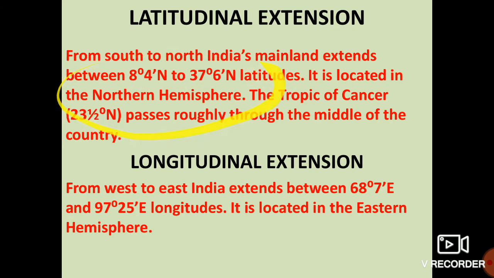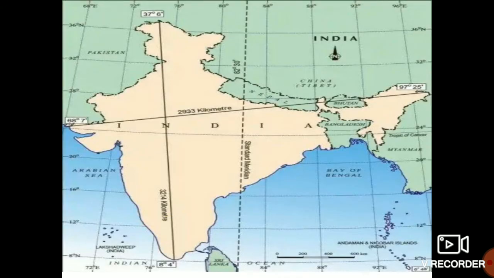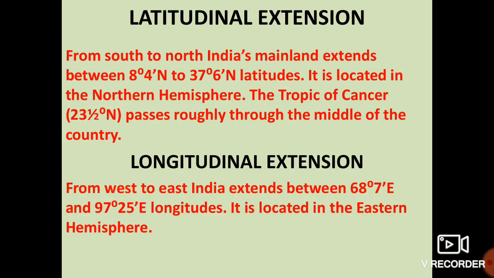It is located in the northern hemisphere, that's why N is coming. The Tropic of Cancer passes almost through the middle of the country, at 23.5 degree north latitude. It roughly divides the country into two equal halves.